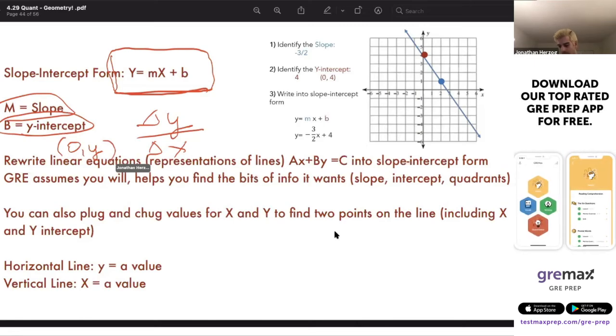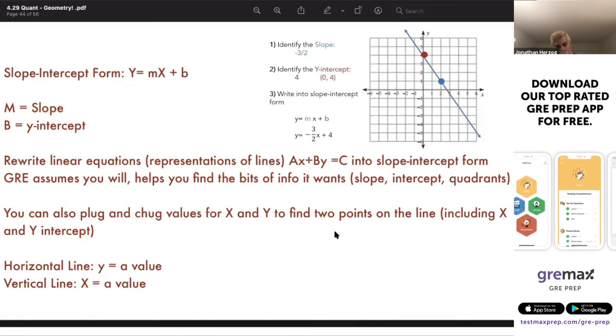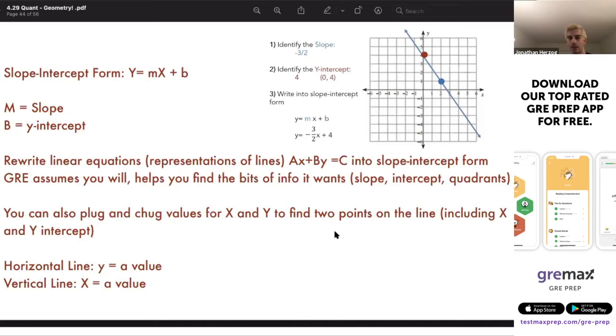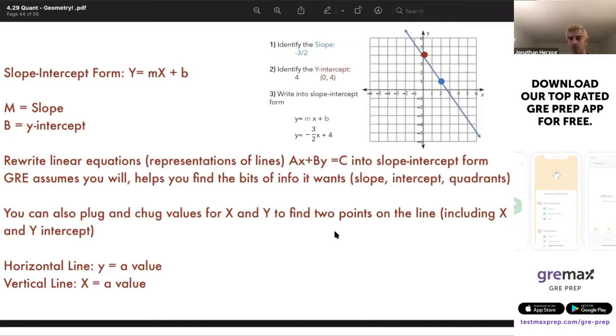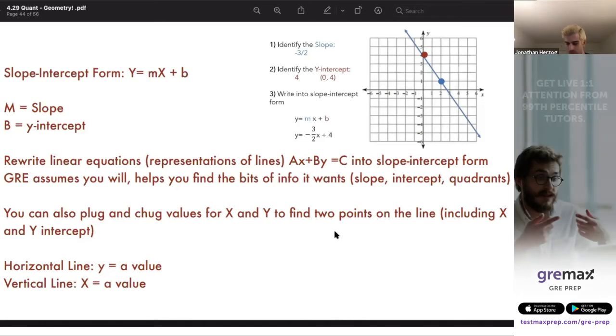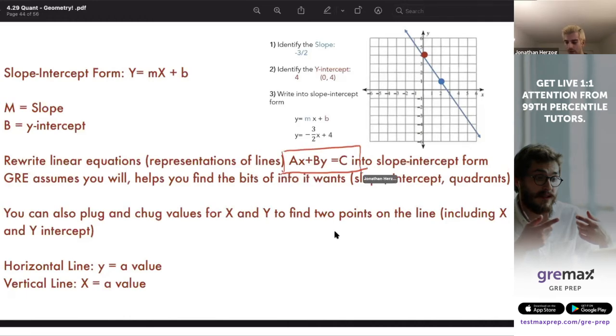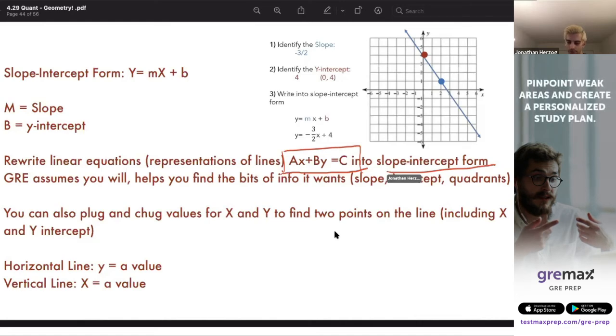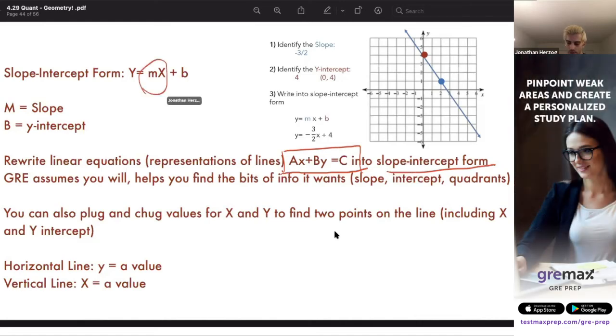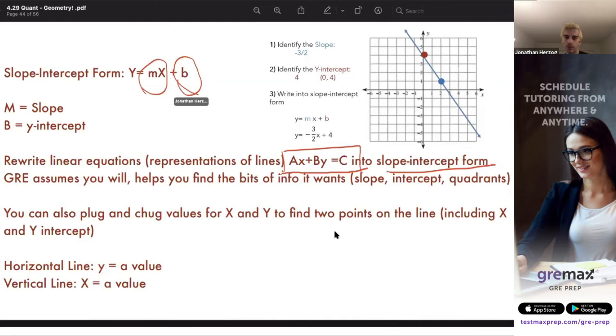A very, very strongly tested skill is our ability to rewrite linear equations or representations of lines from ax plus by equals c into slope-intercept form, which again, we have the slope and we have the point at which it crosses the y-axis.